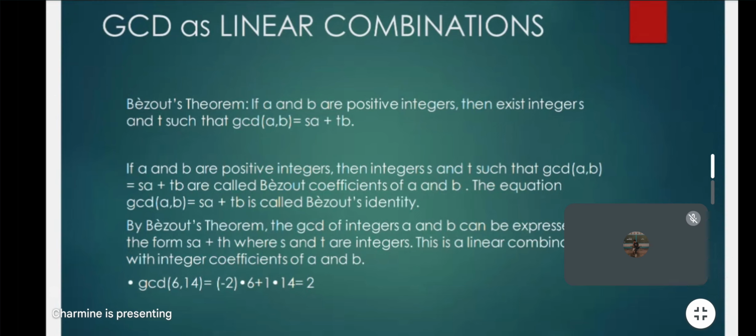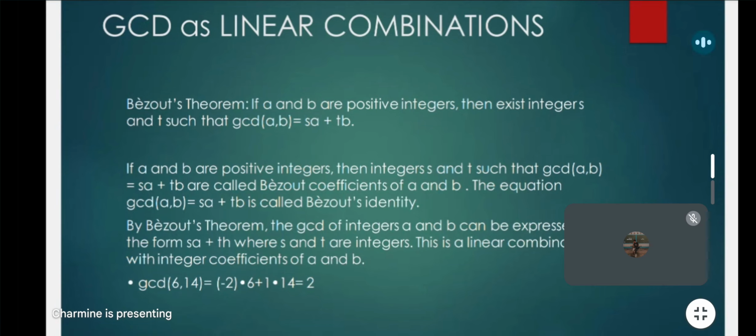GCD as linear combinations. Bezout's theorem: if A and B are positive integers, then there exist integers S and T such that the GCD of A and B equals SA plus TB.